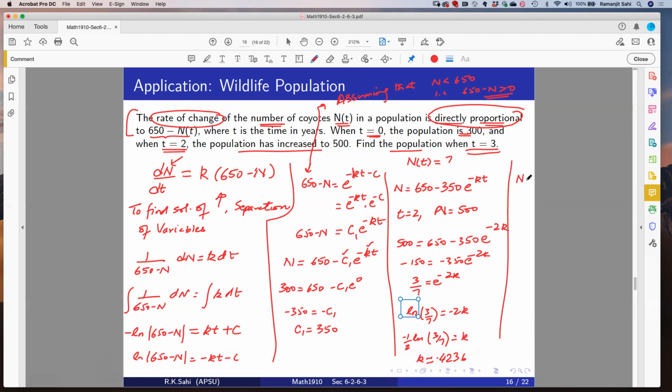Okay, so my number of coyotes now, the formula is 350 e to the power negative 0.4236 t. We want to know when the population, t is 3.